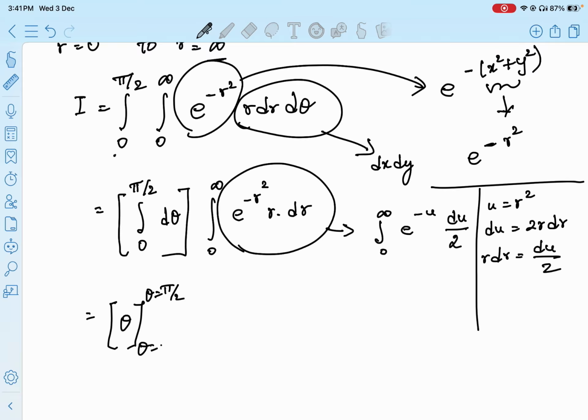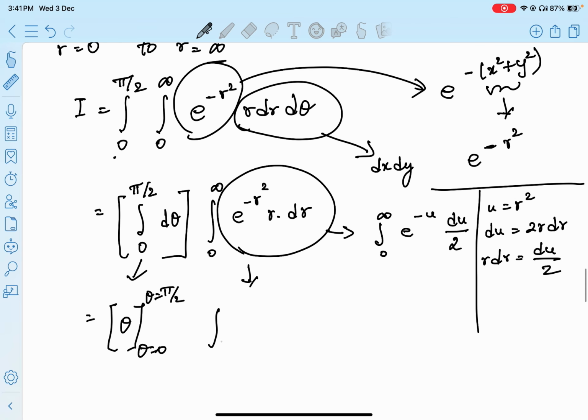The next integration is the integral from 0 to infinity of e to the power minus r squared, and this r dr can be written as du by 2.